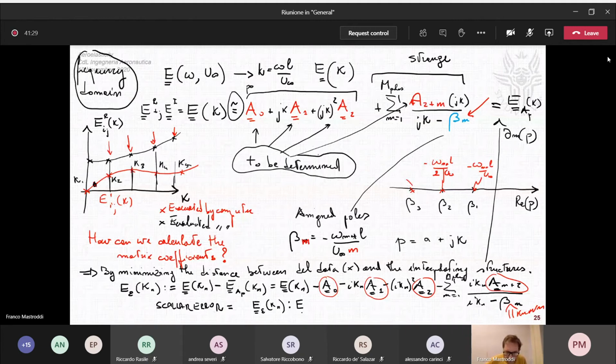This double dot means that we multiply each term by the corresponding term of the conjugated matrix, obtaining a scalar number, and we sum all the matrix elements. We also have to sum over all the reduced frequency values K1, K2, K3, all the data available from 1 to n. So we have a scalar error.